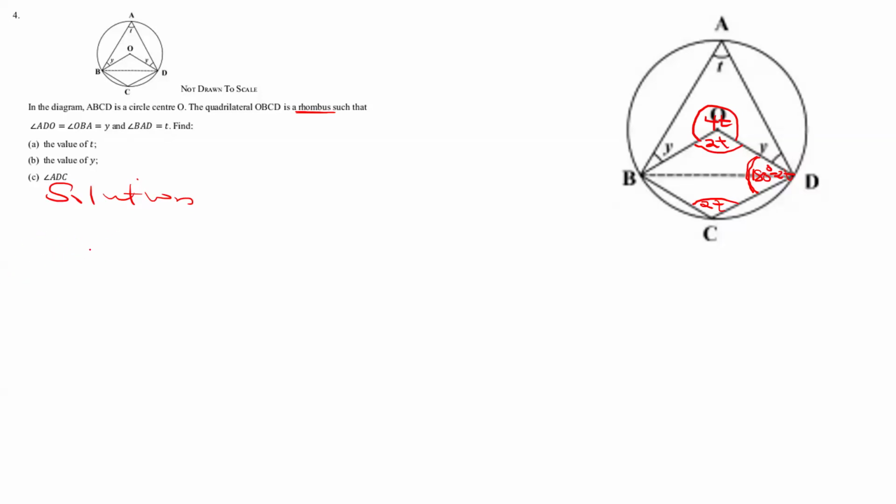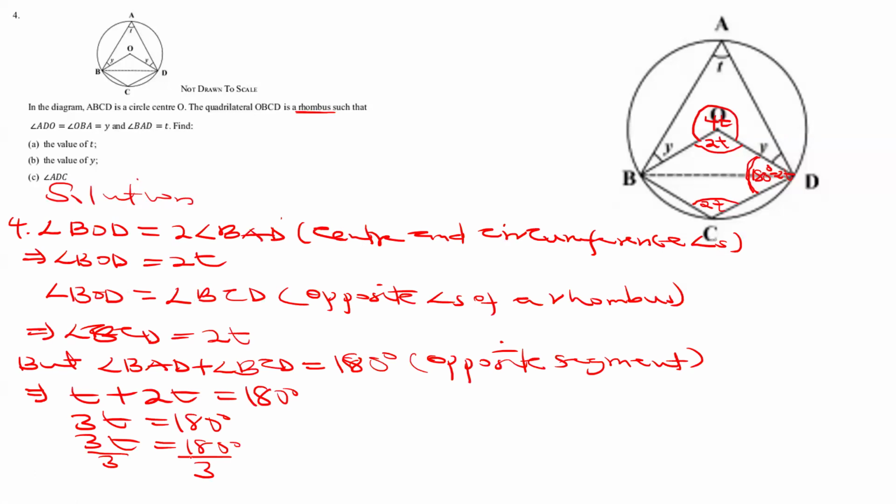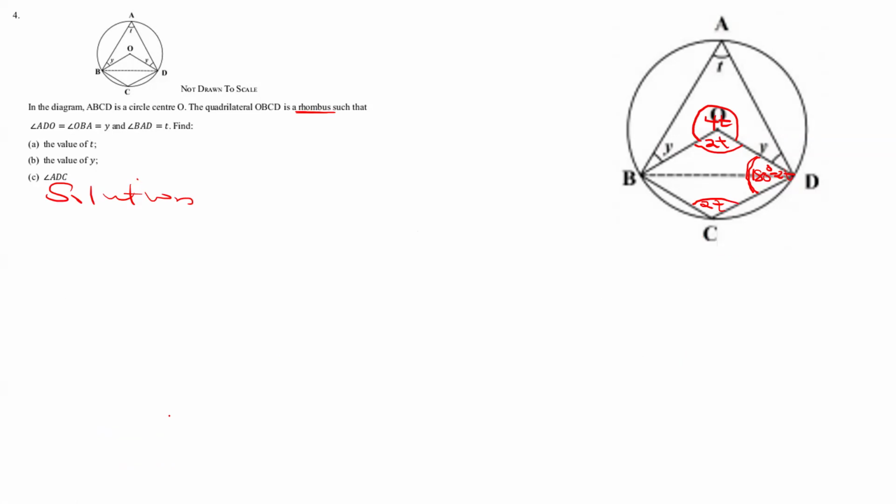So now we have created the slides for the continuation. Where were we? We were looking at, we said, now we are finding T. So T will be equal to what? 60 degrees. Do you agree? So I found my T, therefore T is equal to 60 degrees.